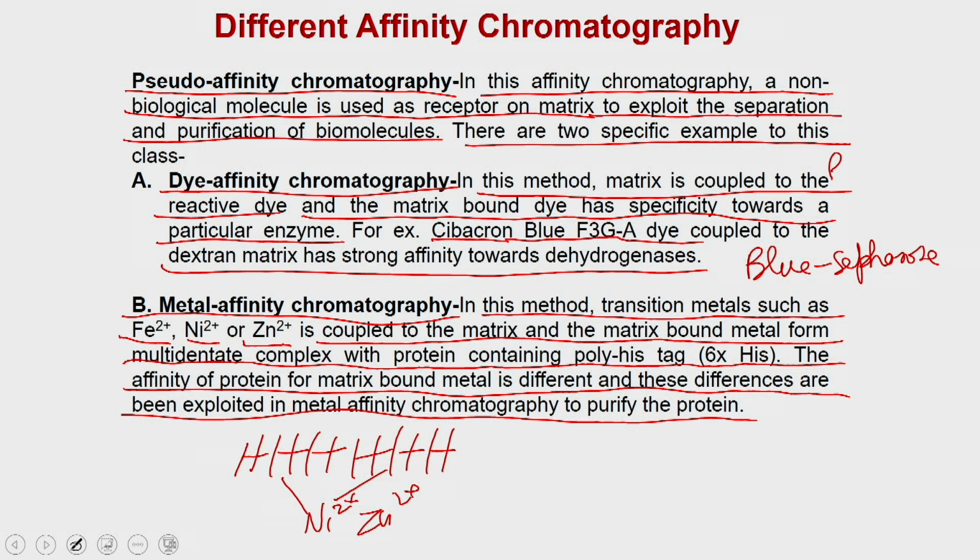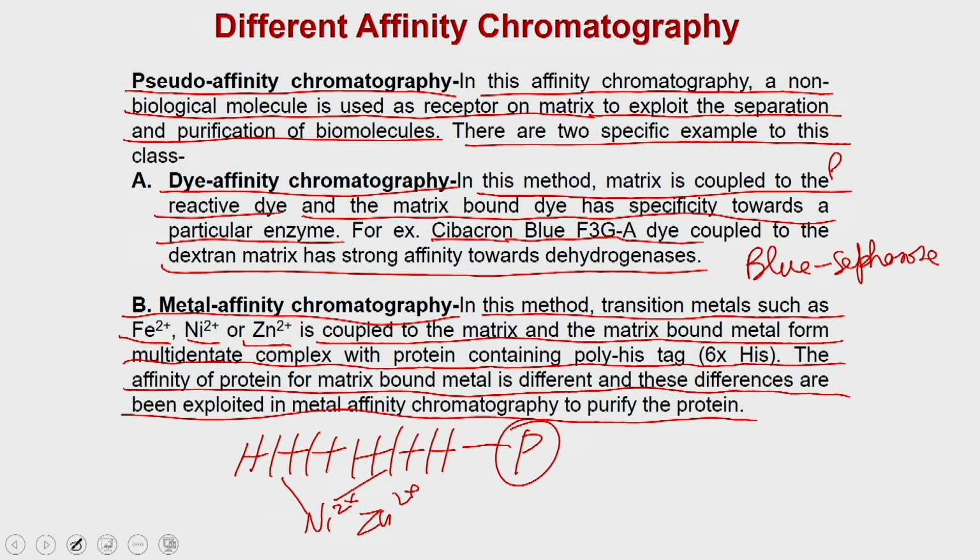So, what will happen is your protein is overexpressed, having a histidine tag on one corner of the protein, either on the N terminus or on the C terminus. This histidine tag will go and bind to the nickel metals which are immobilized onto the matrix, and then you will do a washing step.